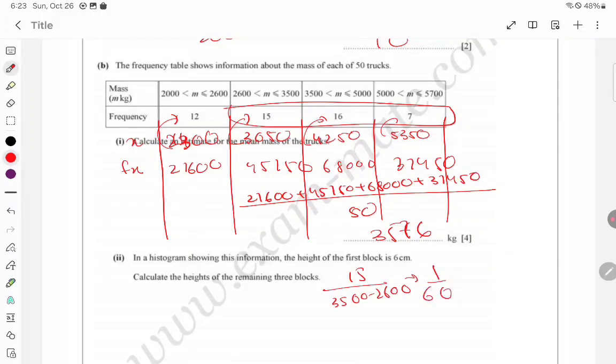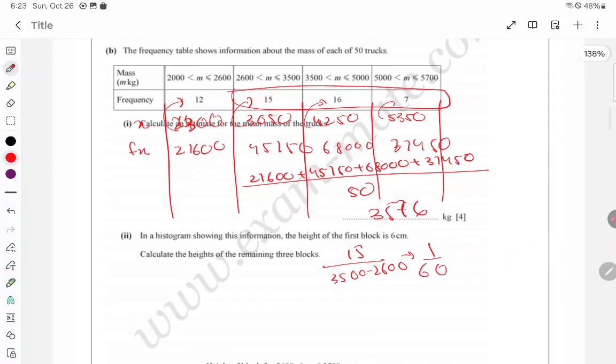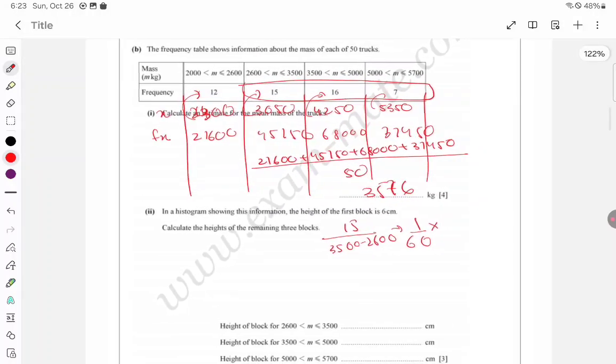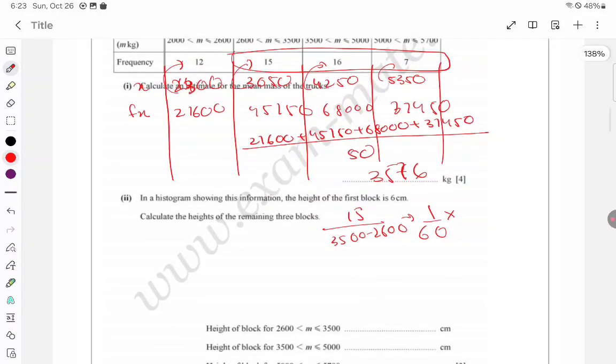And now we have to calculate by which number it is multiplied in order to get our first value. So in order to calculate that, go for the first frequency which is already given, 12 divided by its range, 2600, right here, and it gives the answer of 0.02.